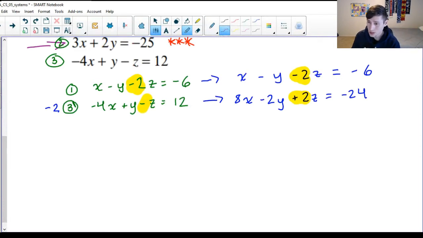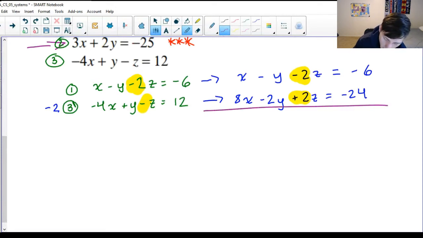So like before, once we have those matching coefficients, we'll just add the equations together. I'm just going to go column by column. x plus 8x, 9x. Negative y minus 2y, negative 3y. Negative 2z plus 2z, 0.